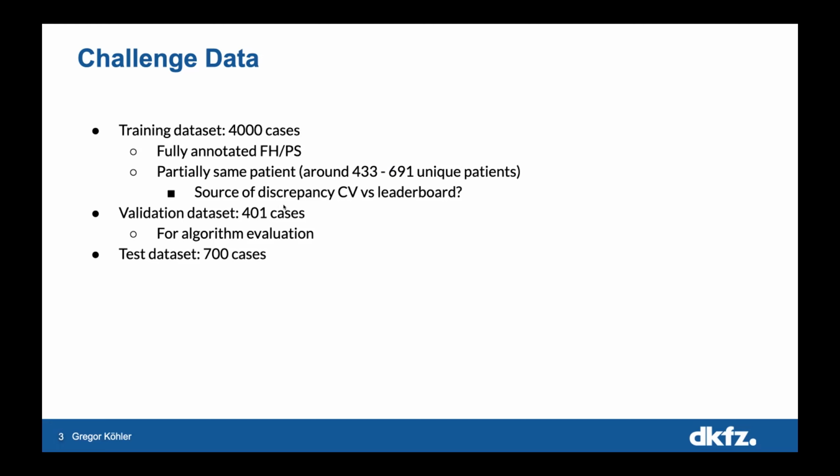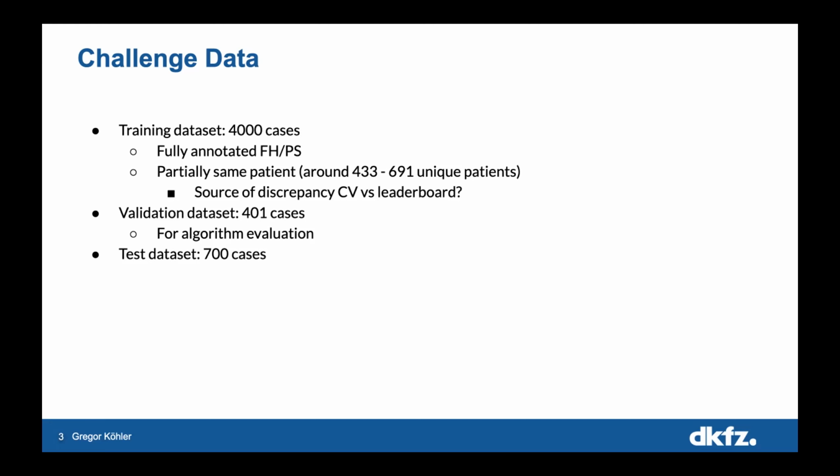Yes, and also we were wondering, because in our cross validation we saw quite a strong Dice performance, which was not as strong on the leaderboards. So we were wondering if this could be the source of the discrepancy, because in our folds we didn't account for multiple scans being from a single session.